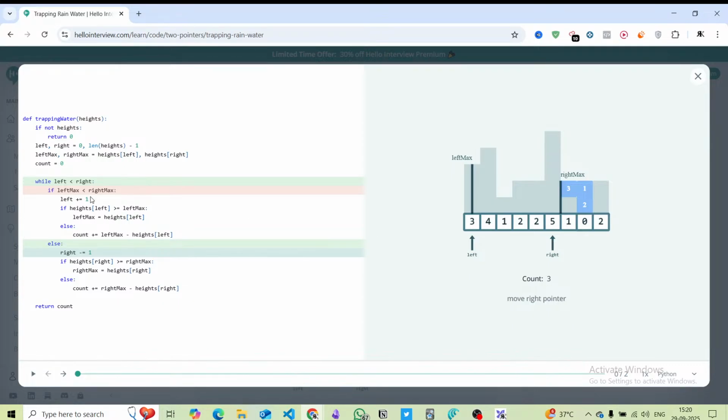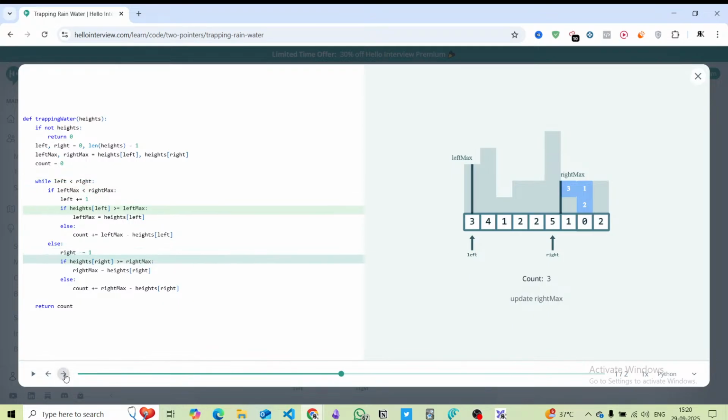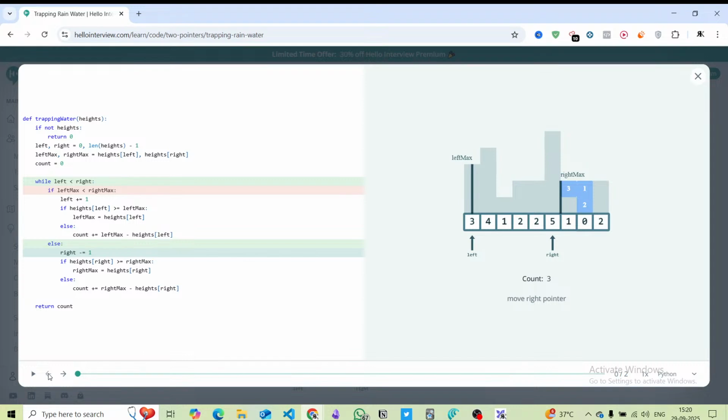If the left max is less than right max, then what we need to do is minus one and then minus one. If left is less than or equal to five, if left max is three, here the right max will be there. Right minus one.